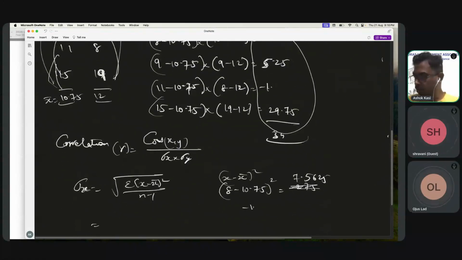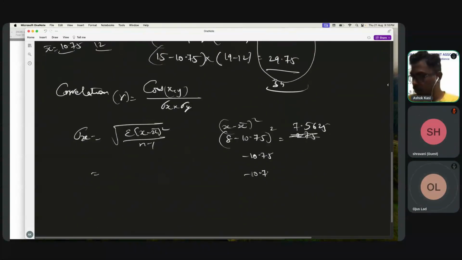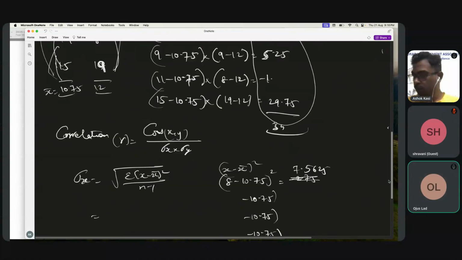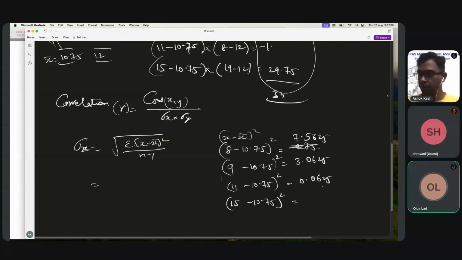So here, 3.0625, 0.0625, 18.0625. Add up all this.